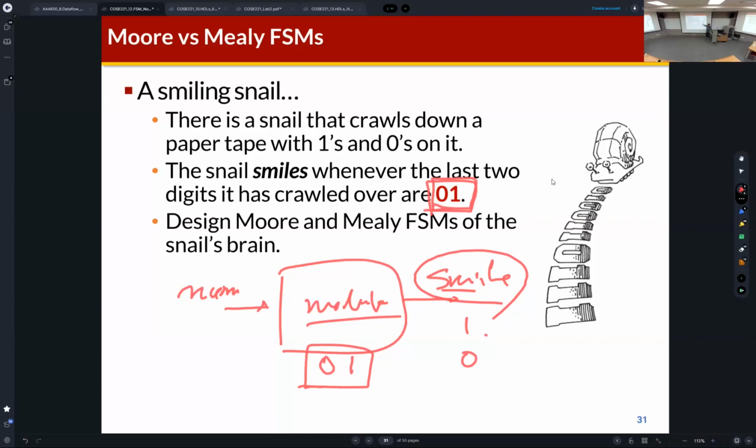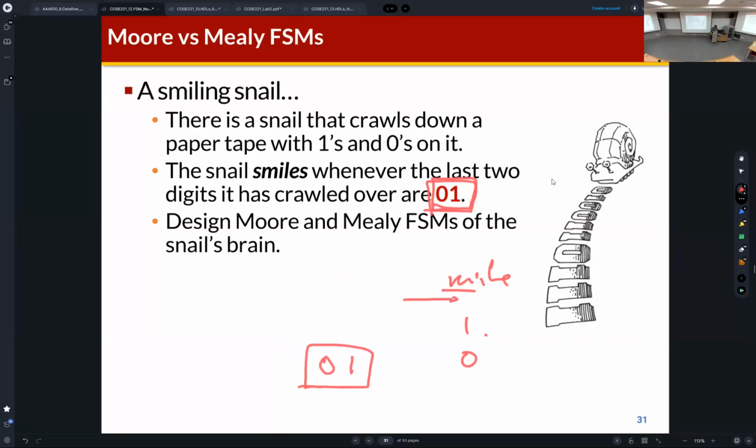So we need to detect the sequence 0, 1. Then how can we define the state transition of this module? It means the state transition of the FSM. We can choose Moore FSM or Mealy FSM, right?